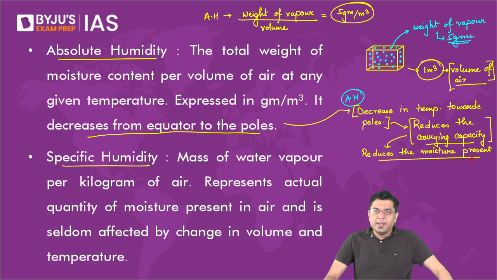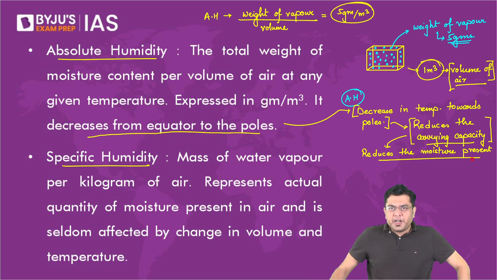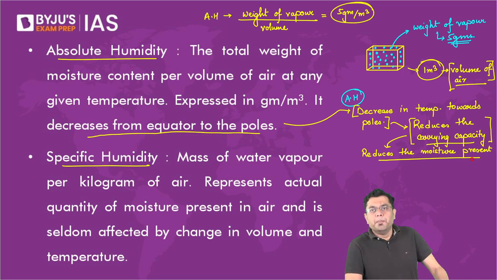Specific humidity is also a measurement of the moisture present, but it is slightly different in the sense that when we say specific humidity, it measures the total weight of the vapor per kg of air. Earlier, we had per meter cube of air where we were considering the volume of air. Now we are considering the mass of air.